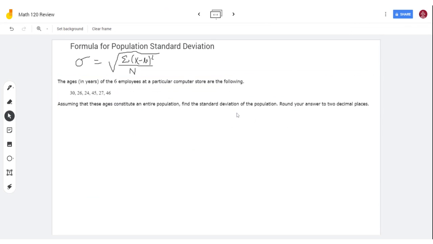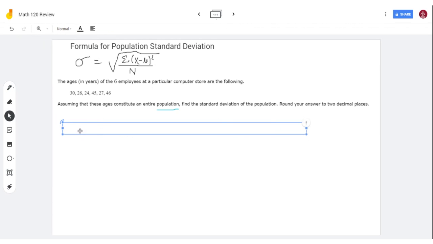It just tells you that you got 6 people and their ages. But here's the important part. This is where it tells us what's important. We've got a population here. Therefore, this is what we use right here. So I'll just kind of sum this up.